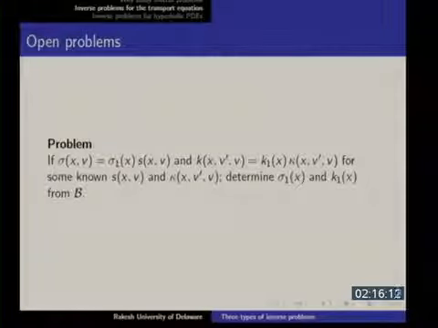Let's assume the absorption coefficient is some unknown function of x times a known function of position and velocity. There is velocity dependence, but it's known. Similarly, the scattering is a known function of position and incoming and outgoing directions times an unknown function of position.